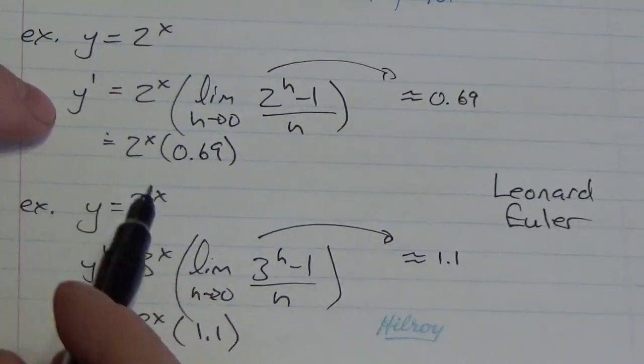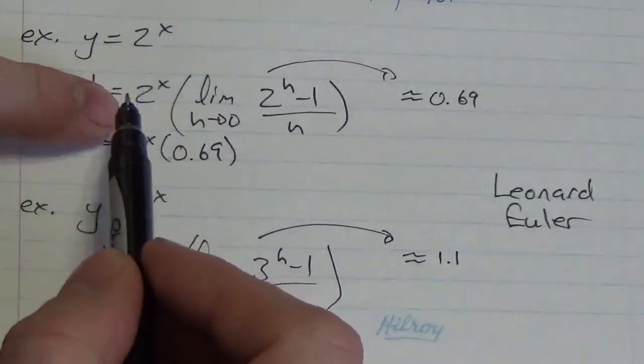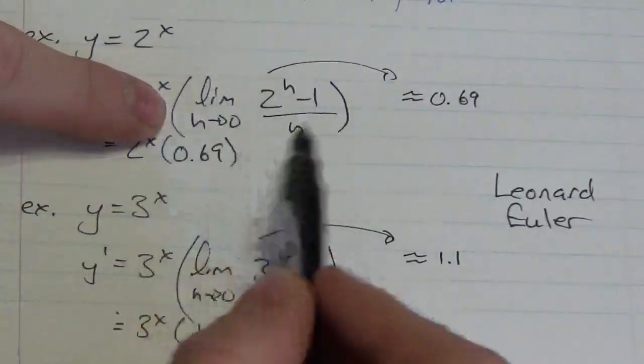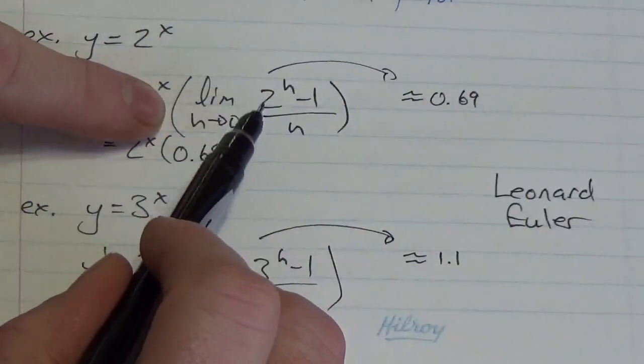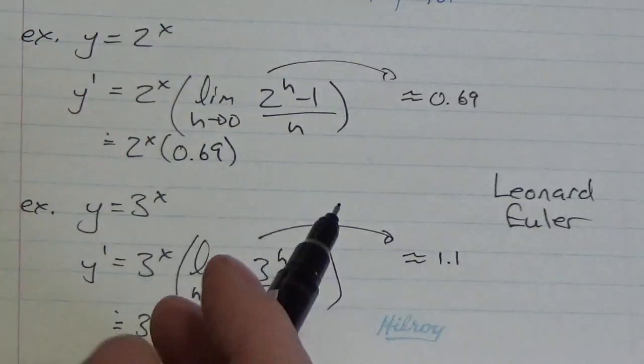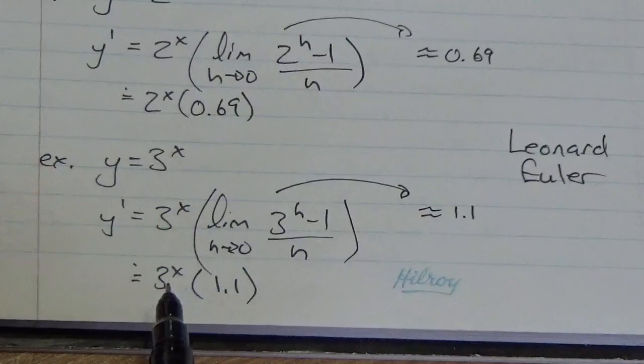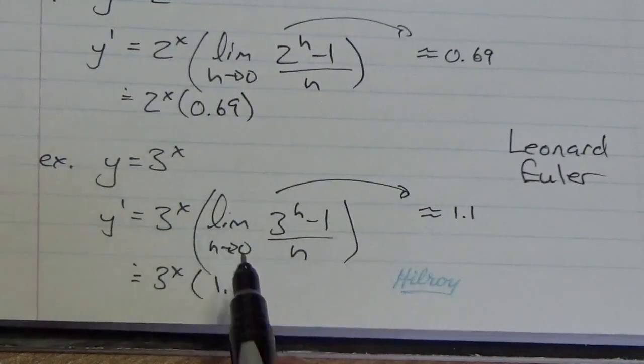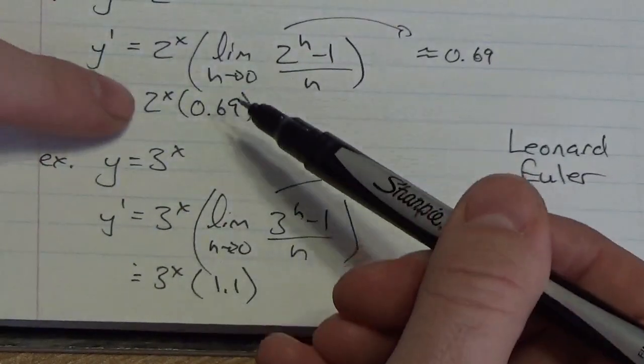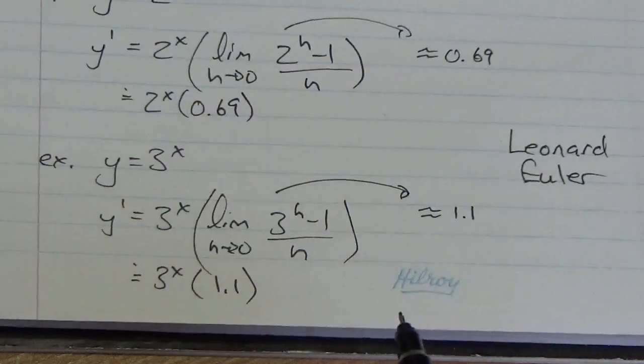If the derivative of 2 to the x is 2 to the x multiplied by some limit, where we use 2 as the base, and we get 0.69. And then the derivative of 3 to the x is equal to 3 to the x, multiplied by some limit, where I use 3 as the base here. And this gets me 0.69, this gets me 1.1.